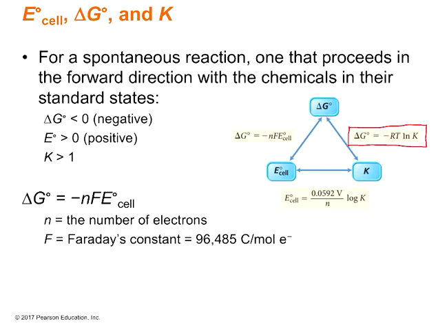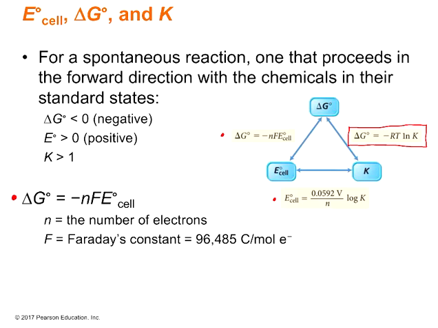Now we're going to learn a couple of new equations that we can use. There is a relationship between the Gibbs free energy and the cell potential. Delta G under standard conditions is equal to negative N times F times the cell potential.